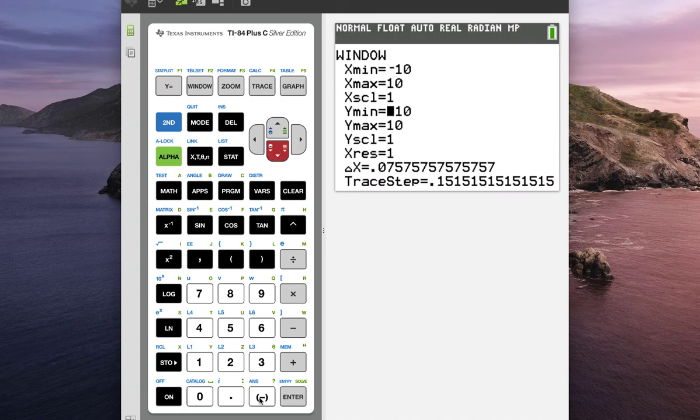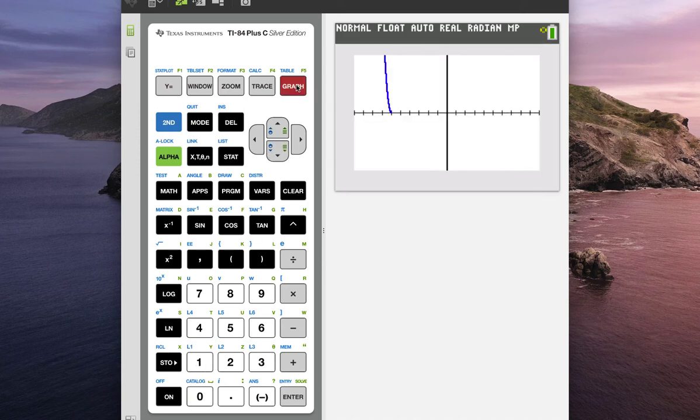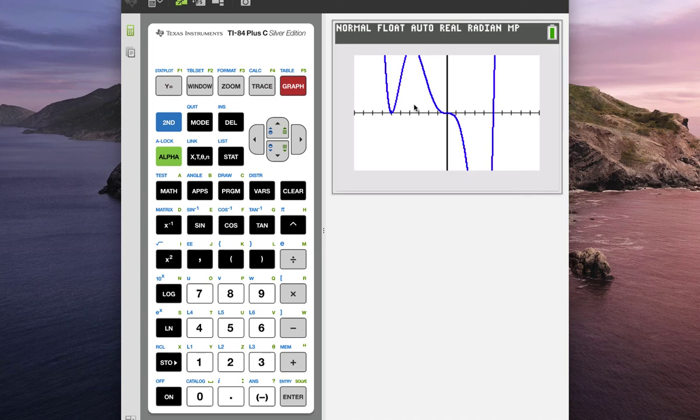So maybe go like negative 100 to 100. X values are fine. Okay, you can see a little better. But overall, I'm pretty satisfied. I can see that there's definitely that behavior like y equals x squared here, the behavior like y equals x cubed here, and then cutting straight through like y equals x in that last 0.